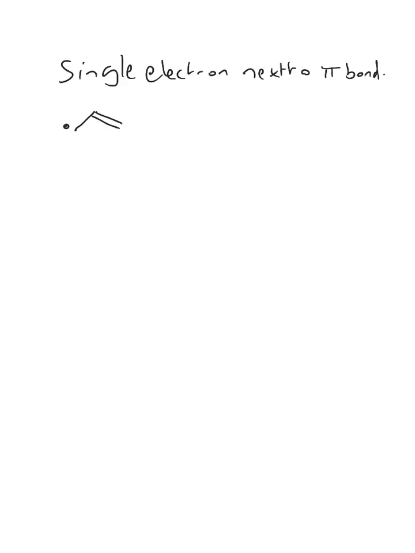We can also have a single electron next to a pi bond. What does that look like? So you have a radical such as this. Well, to depict the movement of the radical, we actually have to use a half-prong curly arrow.